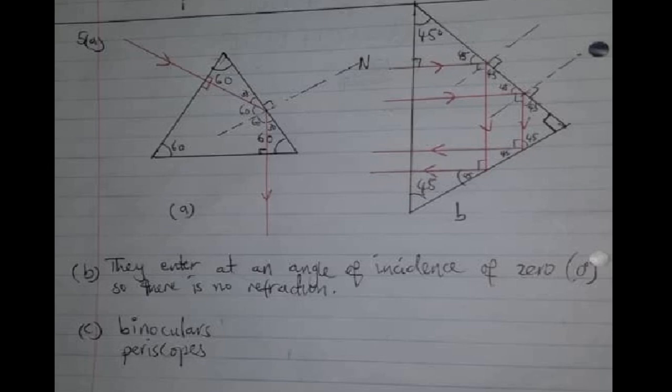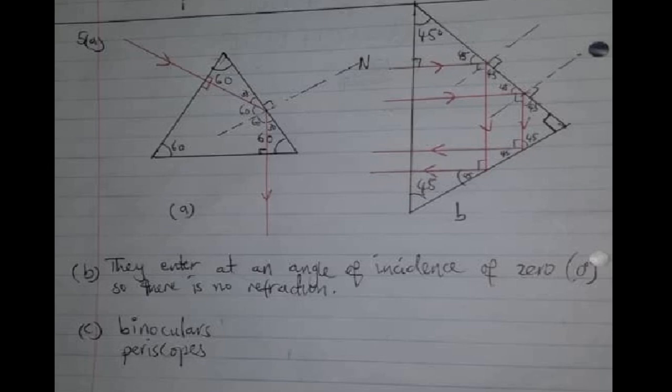Now in my case, I found out that it is going to form an angle of 30 degrees with the side. Now the angle of incidence is 60 degrees, and we know the critical angle of glass is 41.8 degrees. So this angle of incidence is greater than the critical angle, therefore it's going to suffer total internal reflection.